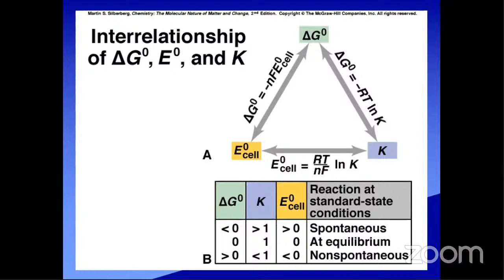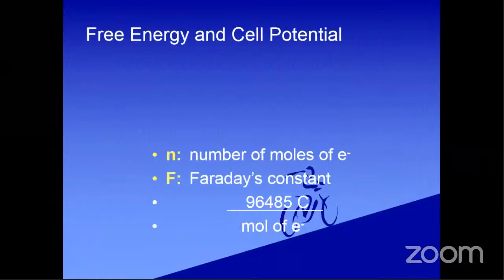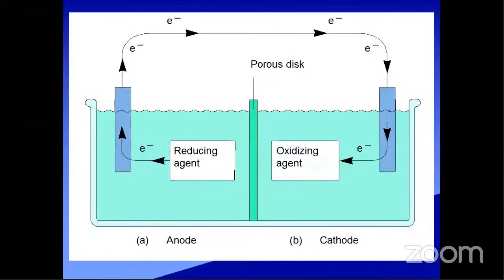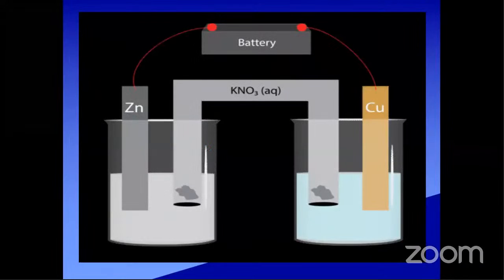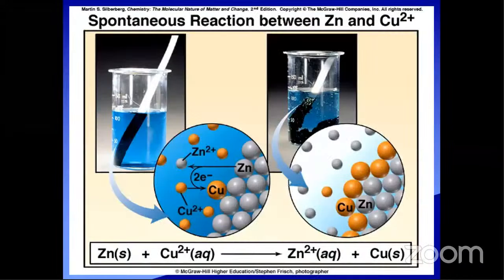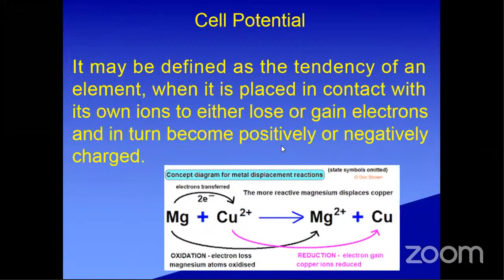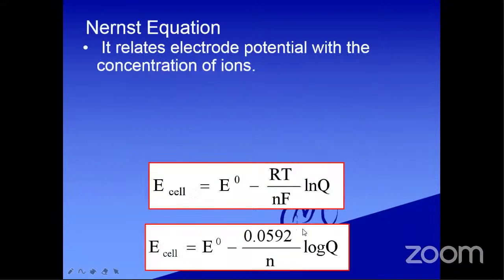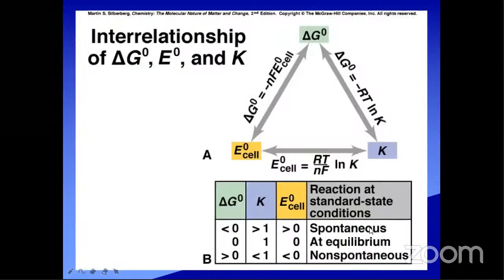That reaction is how much? 1.10 volts. That's why spontaneously the zinc rod will dissolve in the copper sulfate solution. So if the E naught cell value is greater than 0, then that reaction is spontaneous.